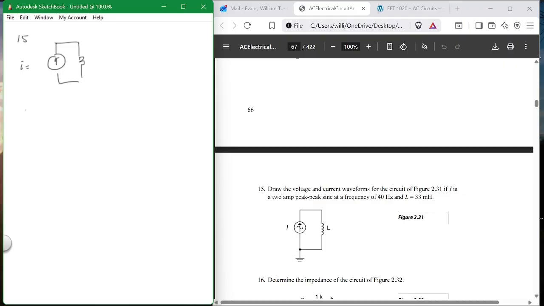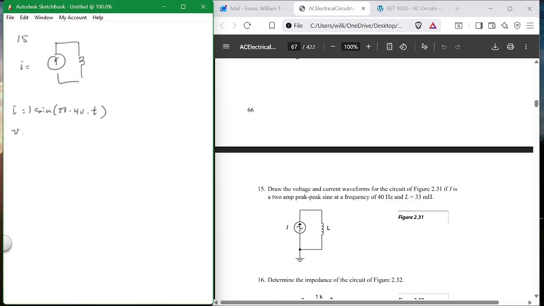It's a 2 amp, okay, peak to peak, so it's 1 amp sine. So I is equal to 1 amp sine of 2 pi times F times 40 times T. There's no plus zero, you just say 2 pi times F times T.